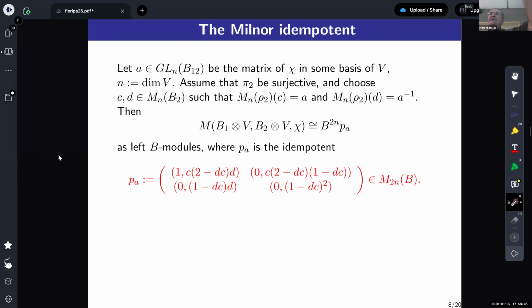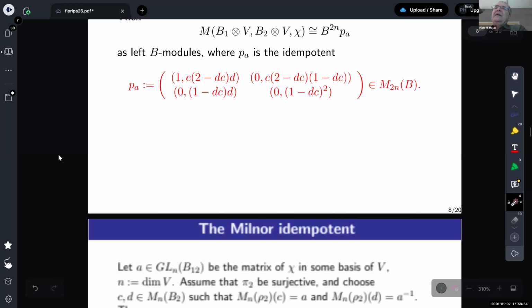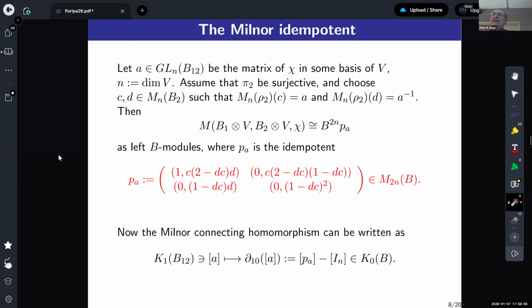In algebraic K-theory, there's no 6-term, there's no periodicity. You have this long exact sequence, but you still have a connecting homomorphism from K1 to K0. Okay, and now here is how it is defined. Since A is invertible, whether it's algebraic or C*-algebraic, it's a class of an invertible matrix over your ring or your algebra. And what do you assign to it by definition?